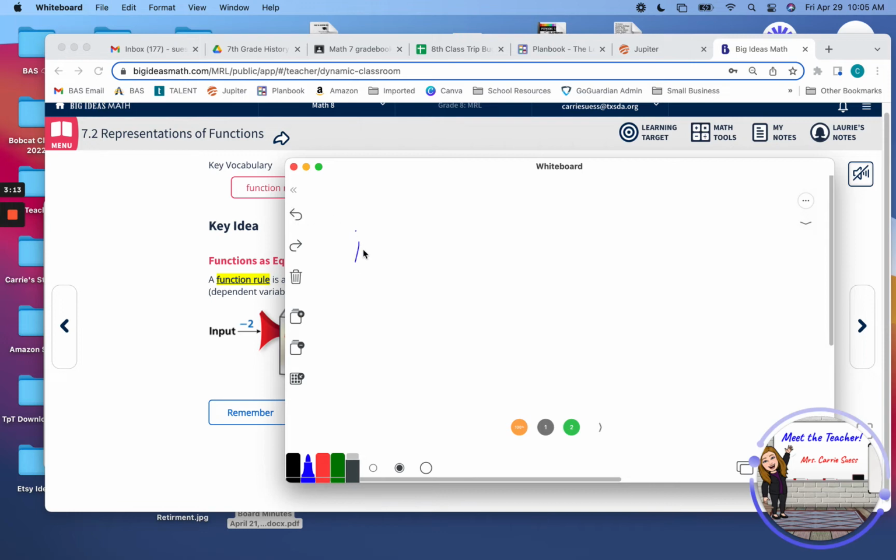So I would write the word input, which is negative 2. Draw an arrow, because you're inputting this into the y equals 2x. What is that representing? What is the y equals 2x? Function rule, very good.